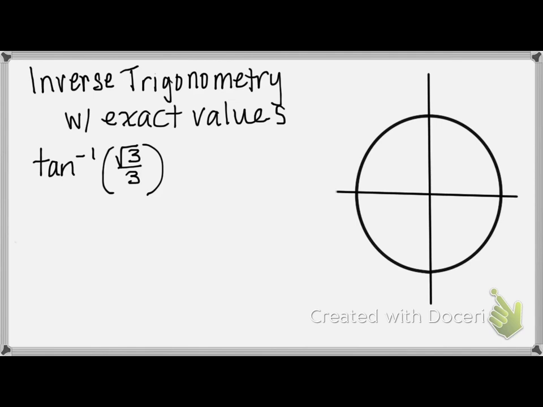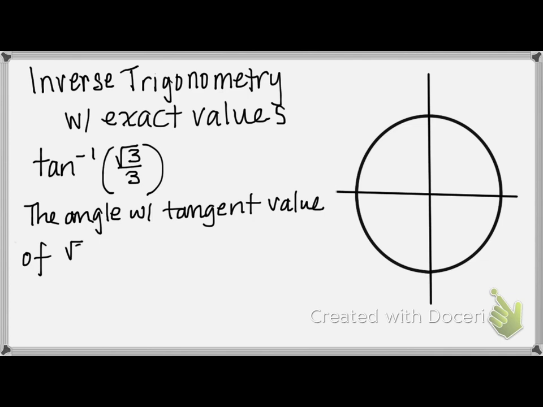Second difficulty. Let's define what this means. Let's make a statement about what this means. This is the angle with tangent value of rad 3 over 3.